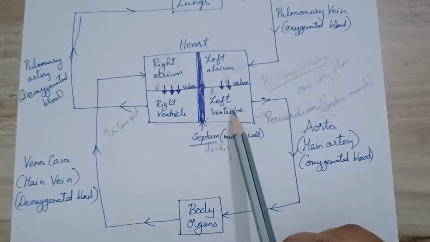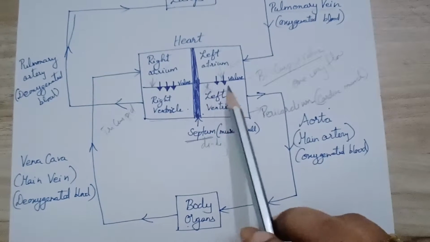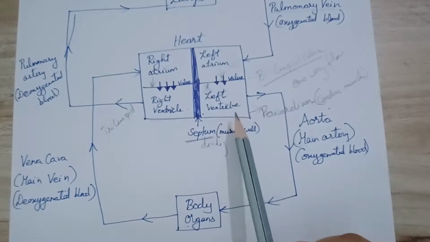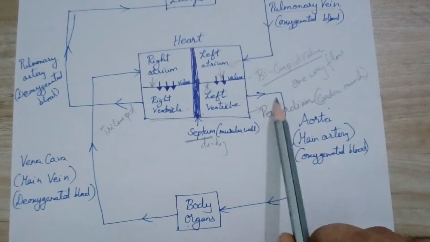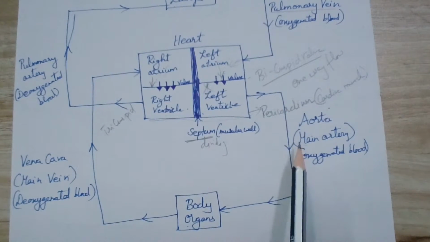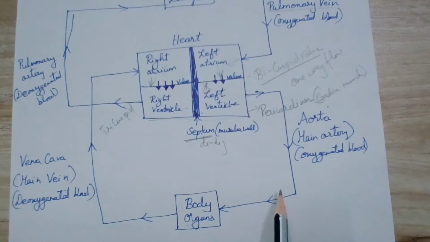From the left ventricle, once it is full, it contracts and pumps the blood to all parts of the body through the aorta. This is the main artery. It carries oxygenated blood to all parts of the organs.